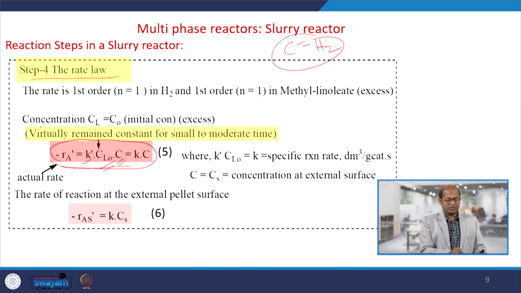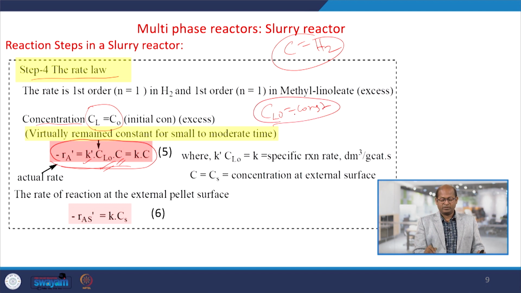Here the concentration of the liquid we are assuming Cl equals C naught or Cl0, that is constant. Virtually, we have taken a large quantity of liquid and we are passing reactant molecules, the gaseous component A, through it in the form of bubbles. So, we assume the concentration of the liquid remains constant.